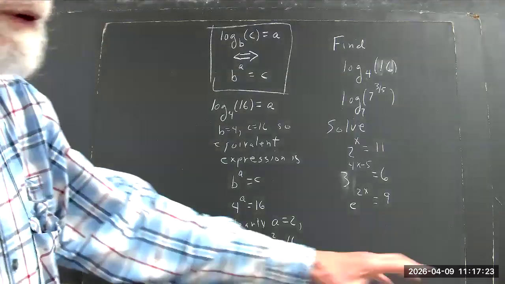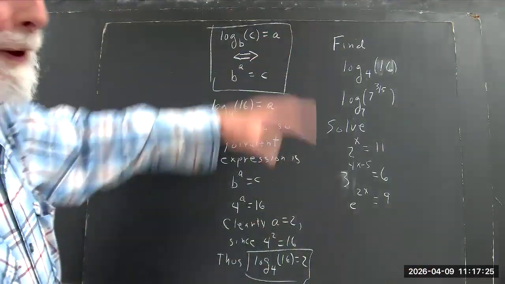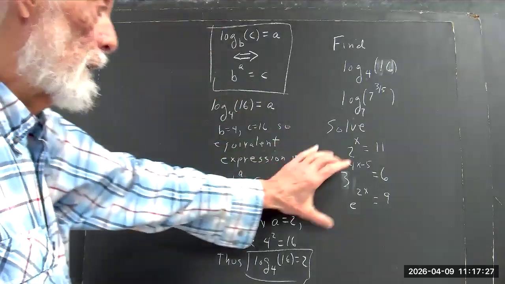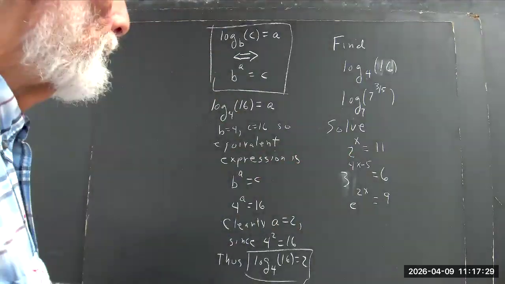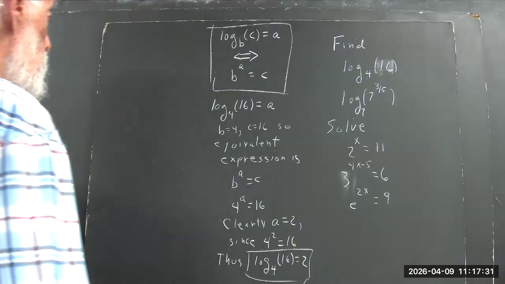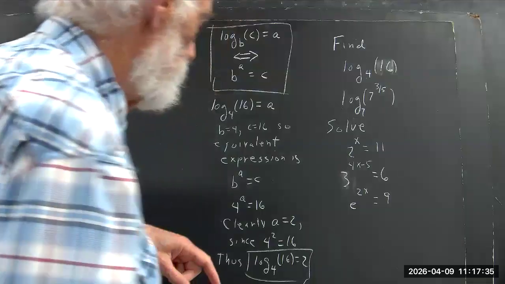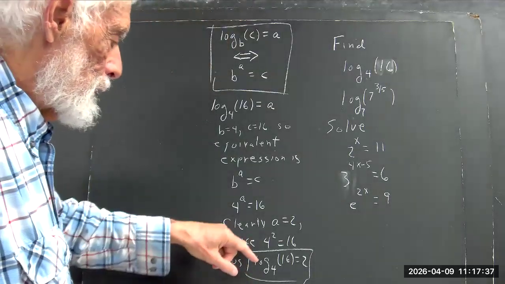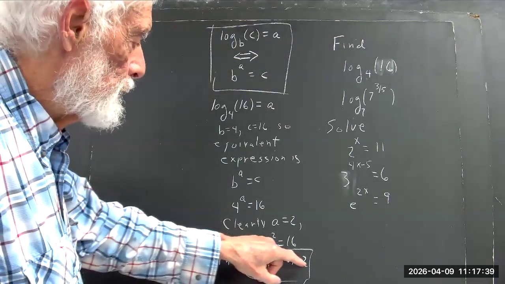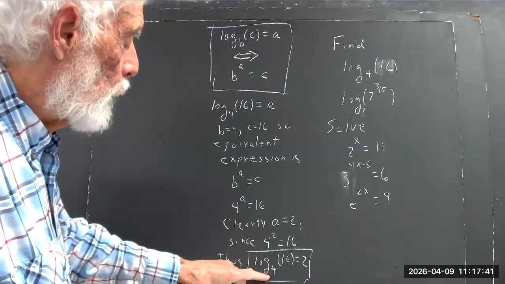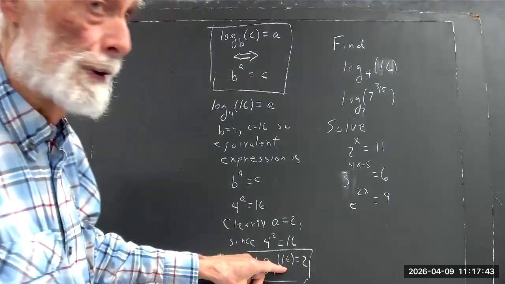Now, everybody got that on the quiz. I'm just trying to connect it to this thing that you're going to need to solve these equations. Now, if you apply the same thinking, again, log base 4 of 16 equals 2 means 4 to the second power equals 16, right?